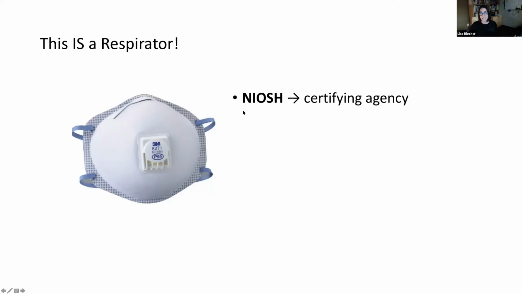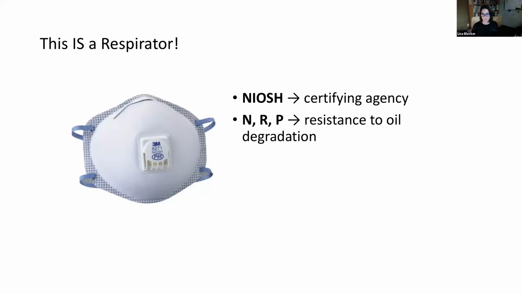So as I indicated, if it's a filtering face piece, the respirator is going to say NIOSH on it somewhere. That is the certifying agency. If your respirator doesn't say NIOSH, it's not a respirator, okay? It's going to indicate its resistance to oil degradation by giving you a letter. It will either say N, R, or P, okay?